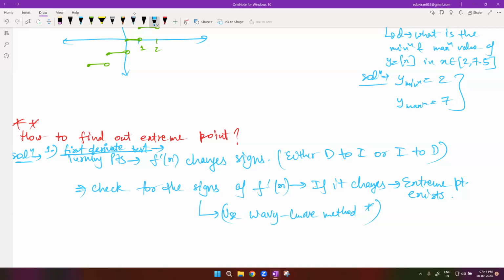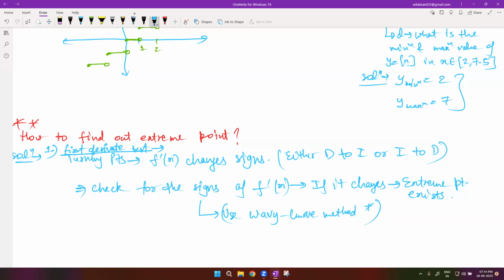So the first derivative test says that you find out f dash x and check whether the signs of f dash x are changing or not. If the sign of f dash x is not changing, it means that either your f dash x is positive or your f dash x is negative, and in both the cases there is no extreme point.